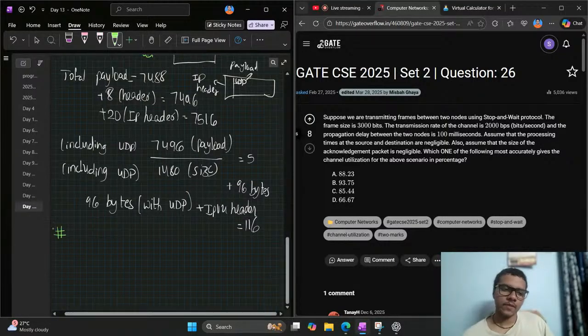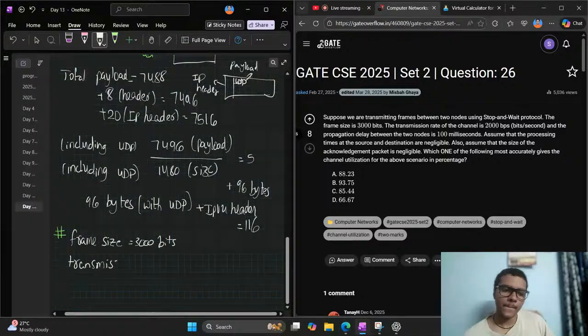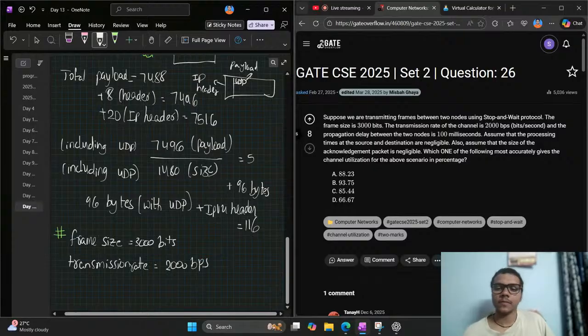Okay, frame size is, let's try to do this. Frame size is 3000 bits. Transmission rate is 2000 bits per second.